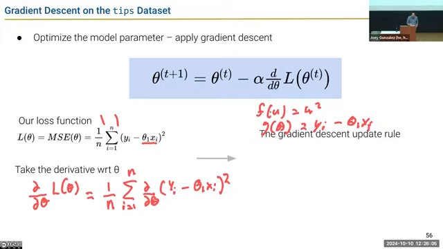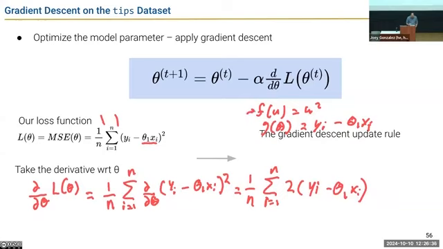All right, so let's do the chain rule. So first I take the derivative of this thing. What's the derivative of this thing here? 1 over n, sum i equals 1 to n of, I got to bring this 2 down from the u, so I have 2 times (yi minus theta 1 xi).